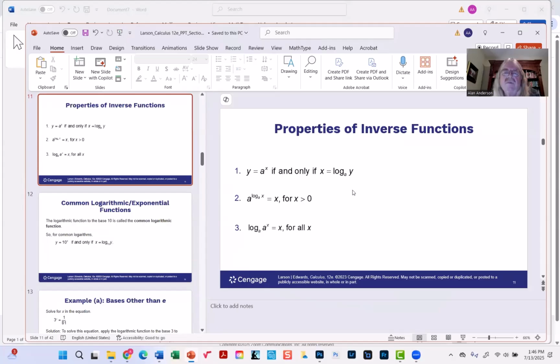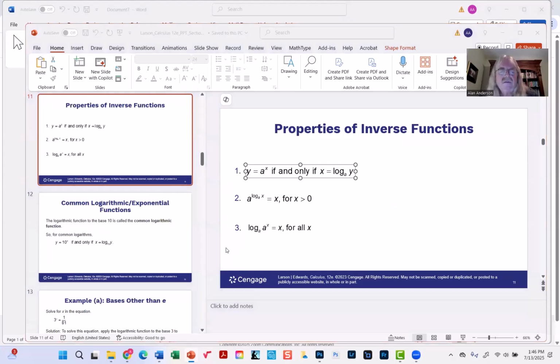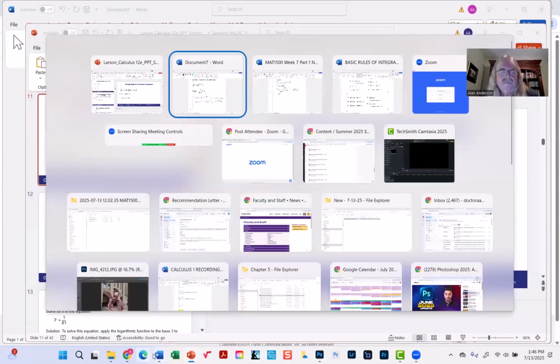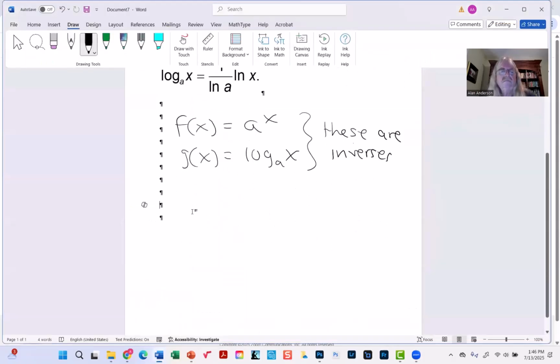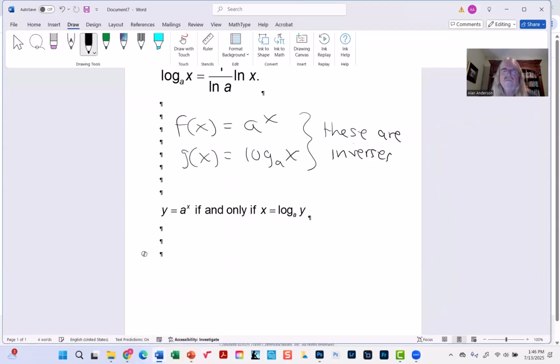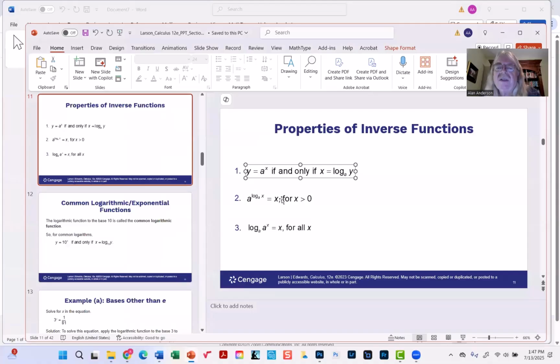Oh man, these are some really important ones. All right, let's add these to the list. So in other words, if you have y equals a to the x, we can rewrite it as x equals log A of y. And that's again a consequence of them being inverses.